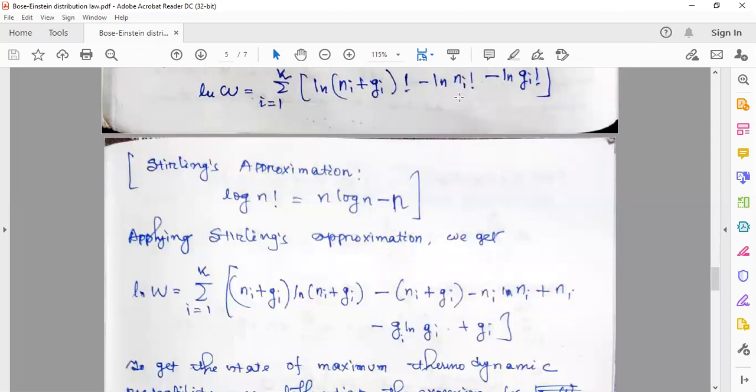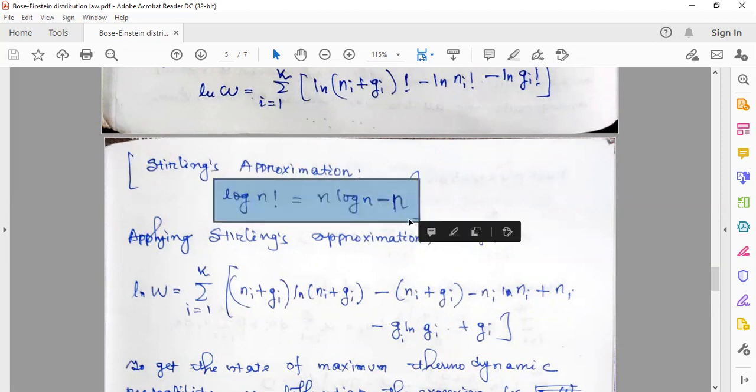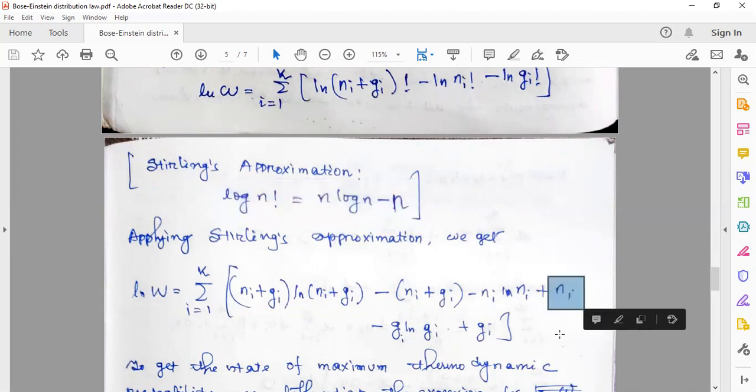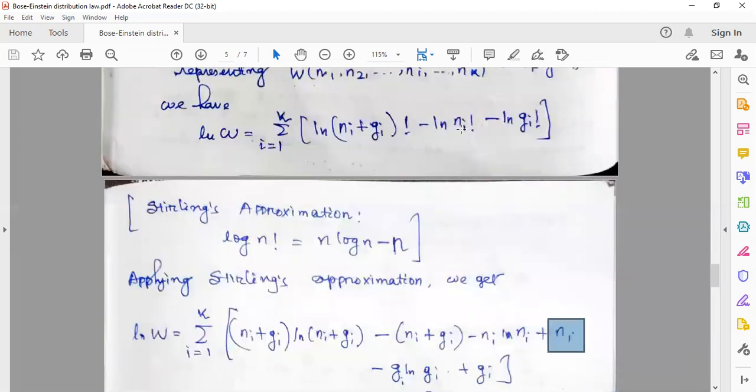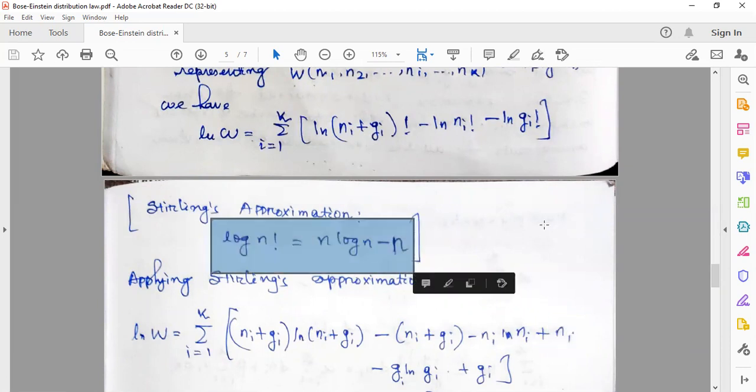Then this natural logarithm of ni factorial follows directly from here. Here it is a minus symbol, so it will be minus ni log ni, and this minus minus will be plus, so it will be plus ni. Now this natural logarithm of gi factorial: again you break it as per Stirling's approximation.